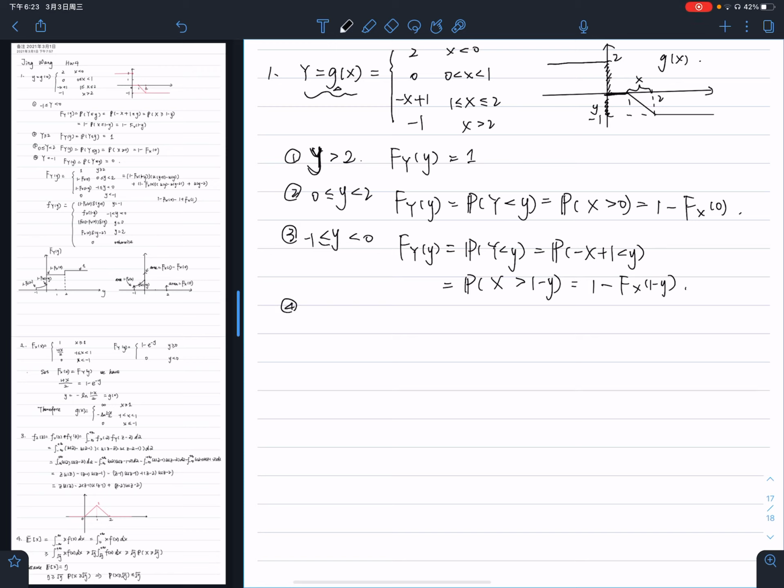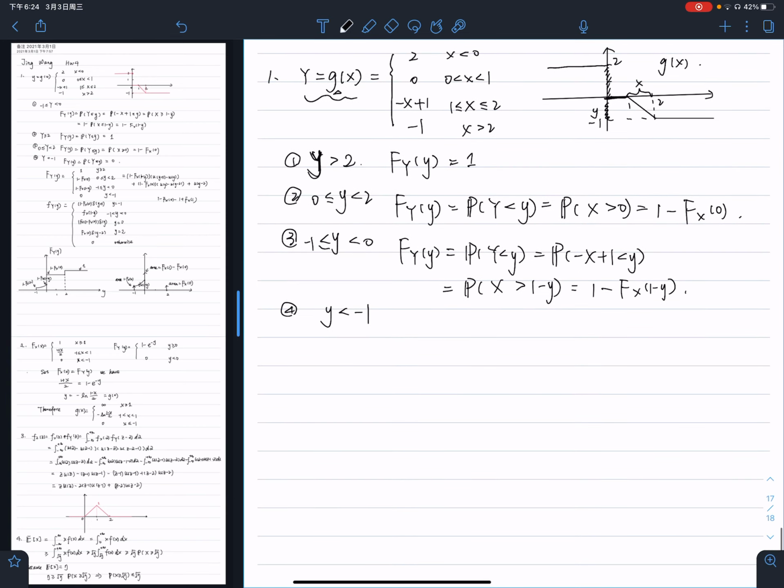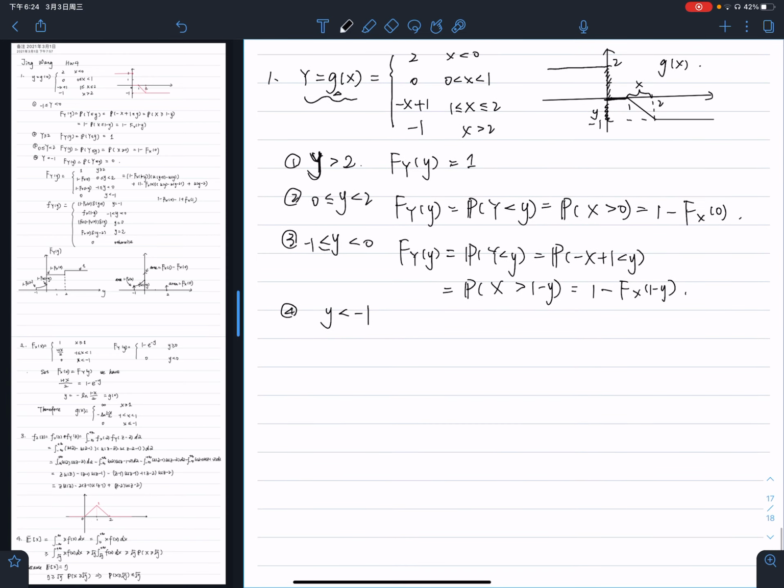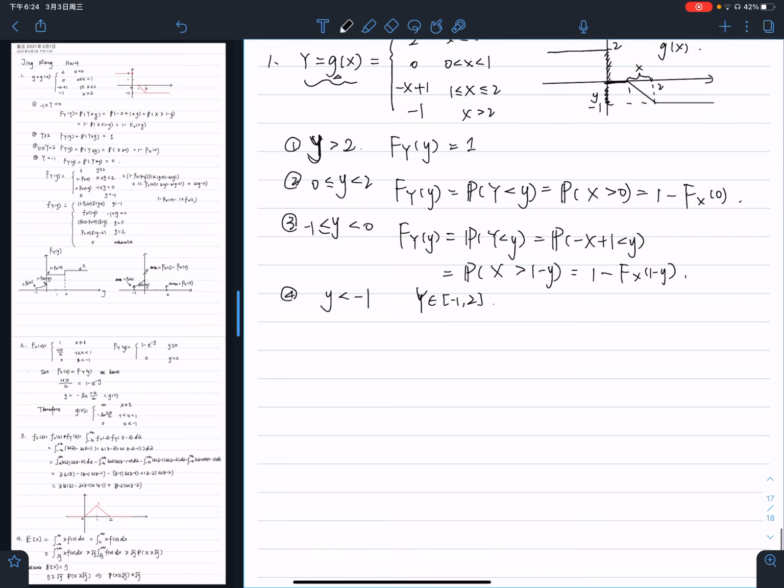For the last part, if y is smaller than negative 1, actually Y is in the interval negative 1 to 2. Therefore, Y will never be smaller than negative 1. So the CDF F_Y(y) when y is smaller than negative 1 is equal to 0.